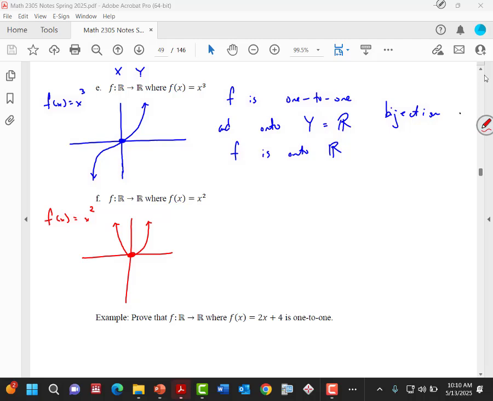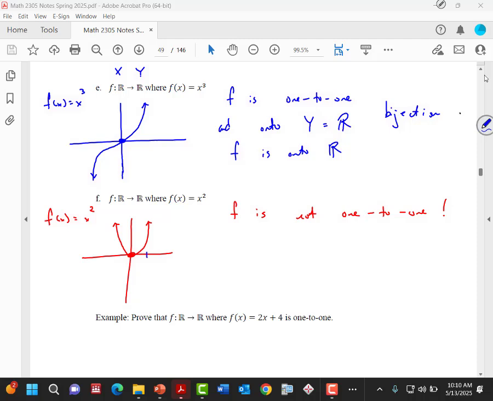My claim is f is not one-to-one. How do I know that this function f is not 1-to-1?